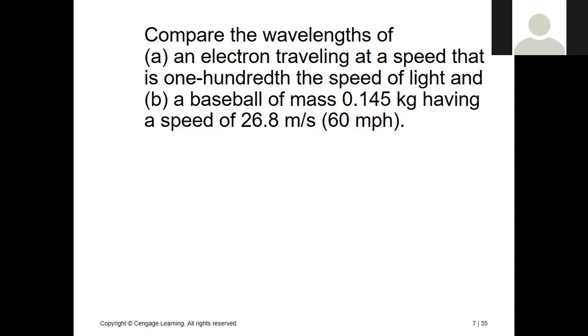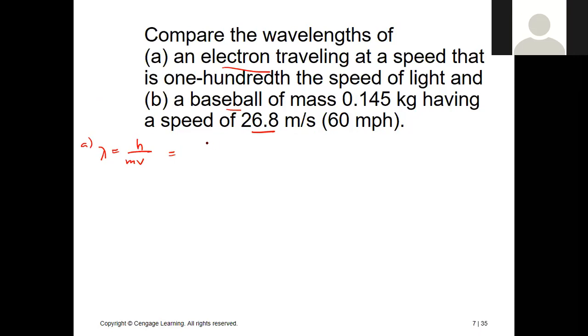If you're asked to compare the wavelengths of an electron traveling at a fraction of the speed of light, and a baseball of mass 0.145 kilogram having a speed of 26.8 meters per second, or 60 miles per hour. So if we do the formula here, it's just this one.